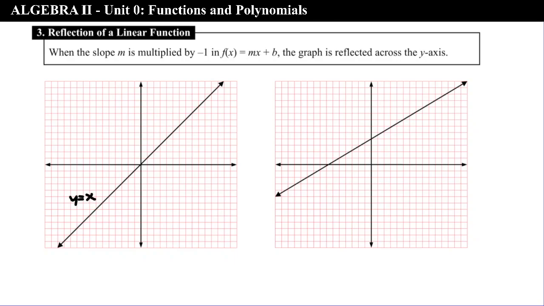Now we are going to have a new function, y equals -x. Our y-intercept is still the same, 0, 0, correct? Now we want to take the new slope from this y-intercept.